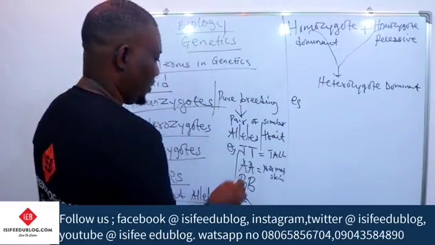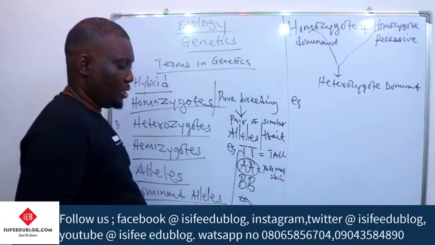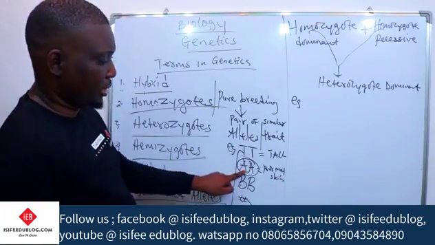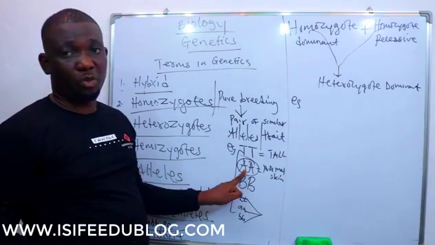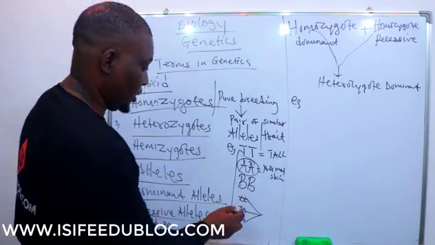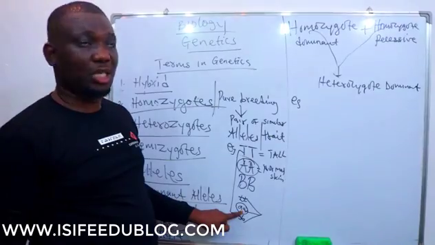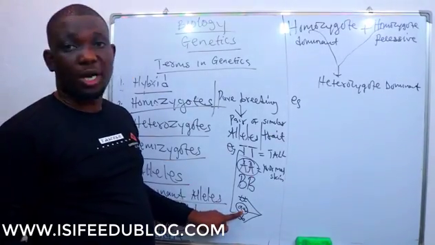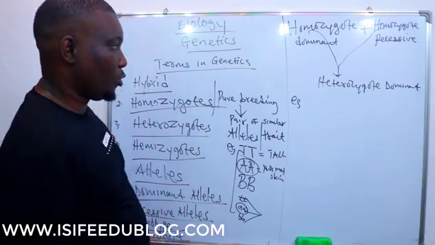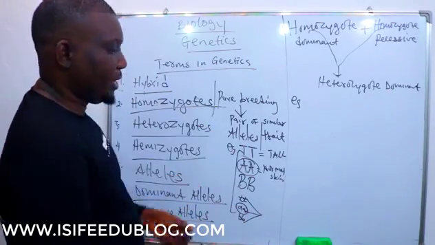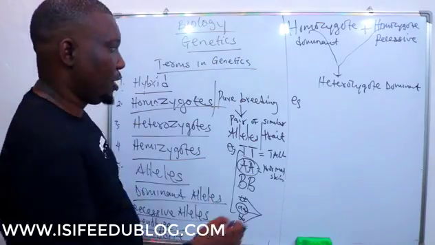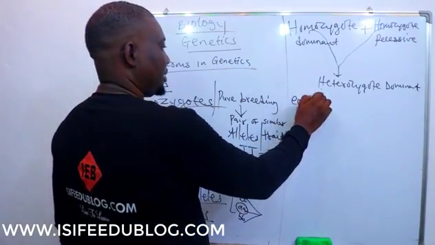Okay, let's look at this example. Supposing we have this as dominant for normal skin color, and let's use this for the allele for albino. People who lack that special pigment in the skin tend to have this type of gene. Now, supposing I want to see the outcome of a cross between these two, and then I have the parental phenotype.